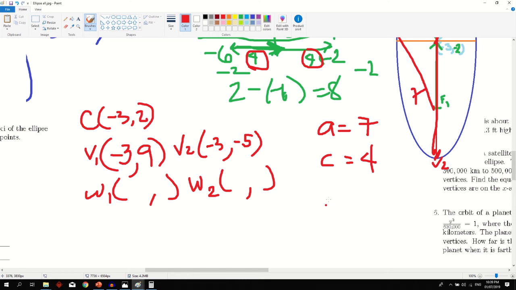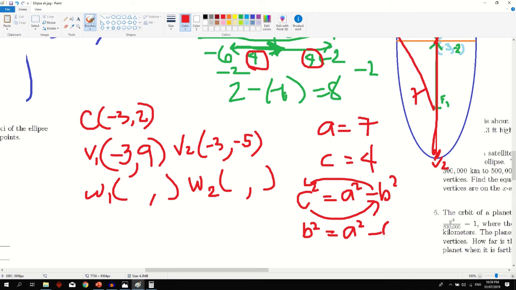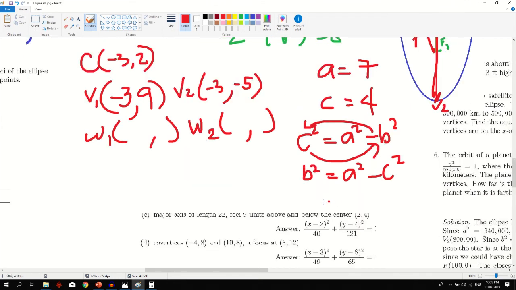So how do we get the B? So we go back here, the A square minus B square. So we need to get the B, so we just shift that. So what happened is B square is equal to A square minus C square. So B is equal to the square root of A square minus C square.